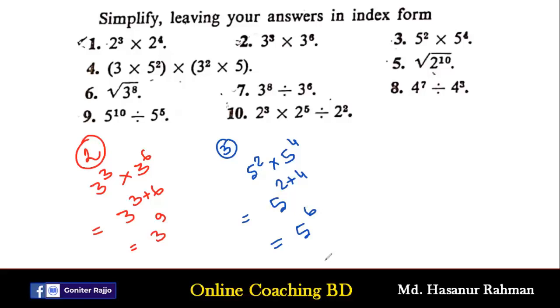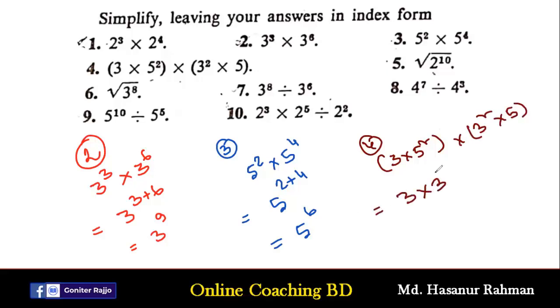Now next problem, number 4. 3 multiplied by 5 square multiplied by 3 square multiplied by 5. So we can write it this way: 3 multiplied by 3 square multiplied by 5 square multiplied by 5. Here 3 means actually 3 to the power 1.